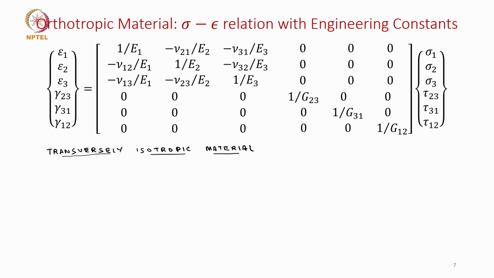So, for example, let us say plane 2 3 is the plane where the properties are the same in any direction.